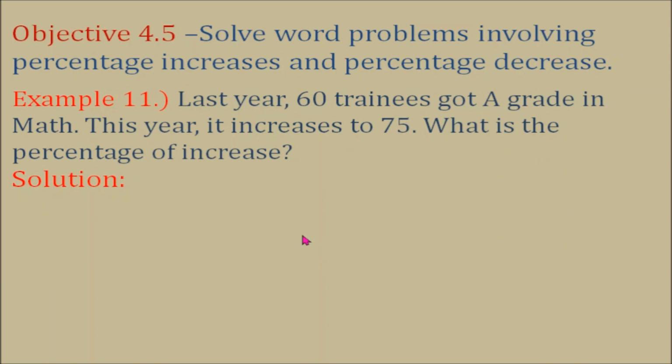Example number 11. Last year, 60 trainees got A in math. This year, it increases to 75. What is the percentage of increase? So for the percentage of increase, it's 75 minus 60 over 60 times 100%. So notice here on our numerator, it's always the greater number minus the smaller number.